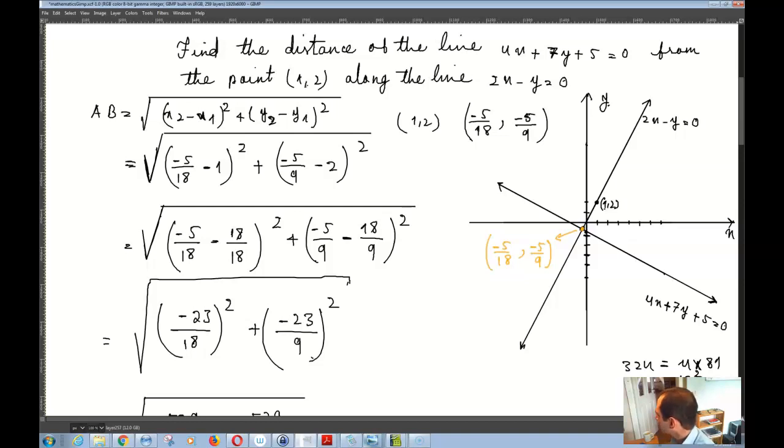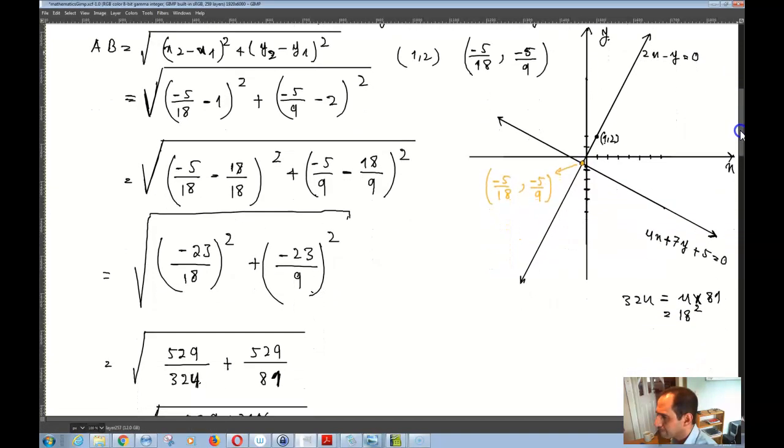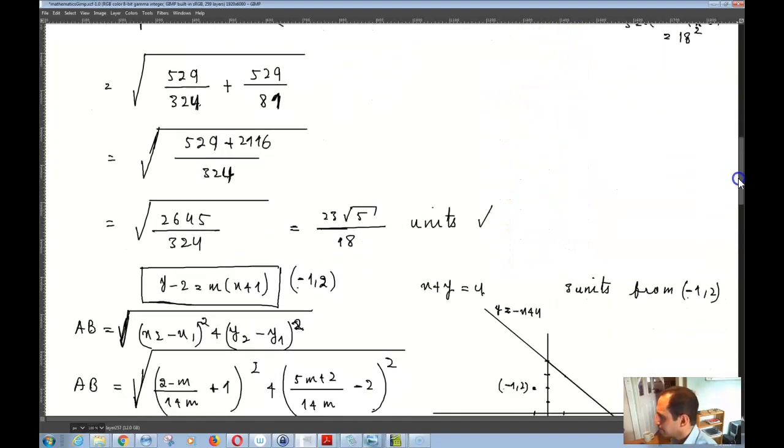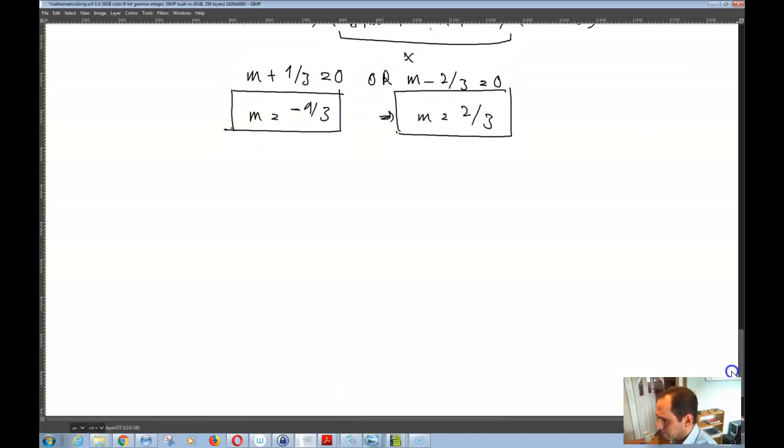Negative 1/3. Now what that means is that, number 16.